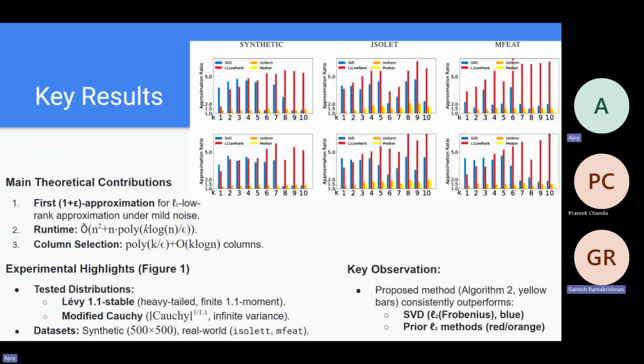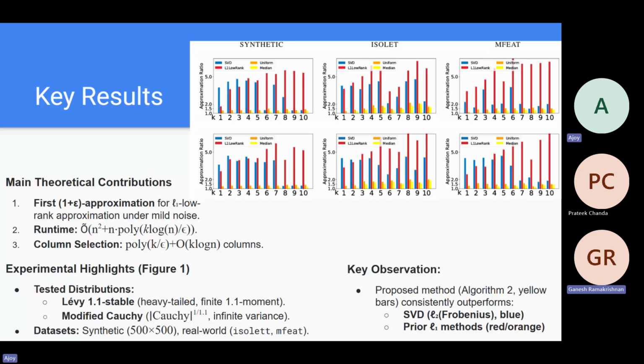Sorry, what did you mean? Approximation ratio is higher where? I can't see. The approximation ratio is higher in SVD as compared to L1 for lower K values. The lower our K, the better L1 low rank approximation is performing, and the better the improvement we see with the median.